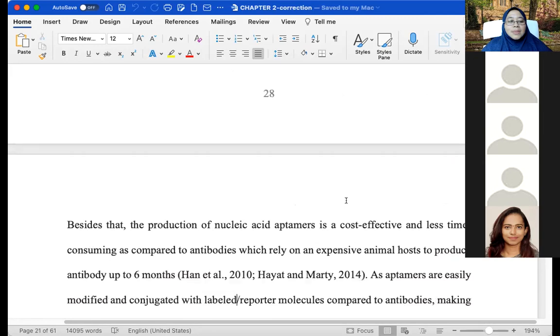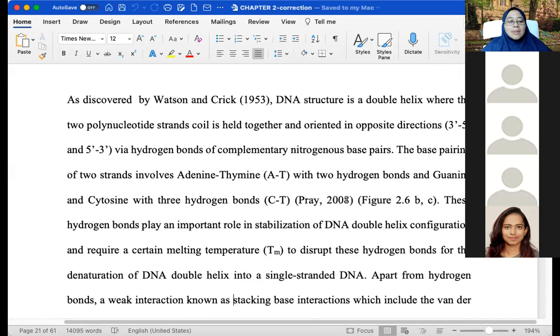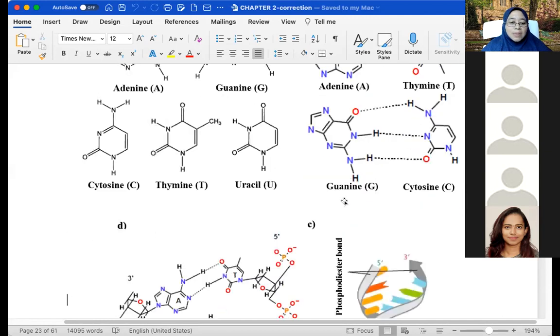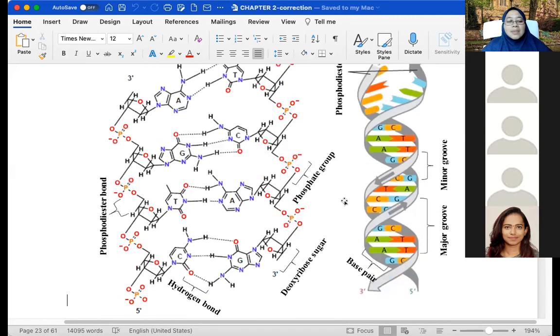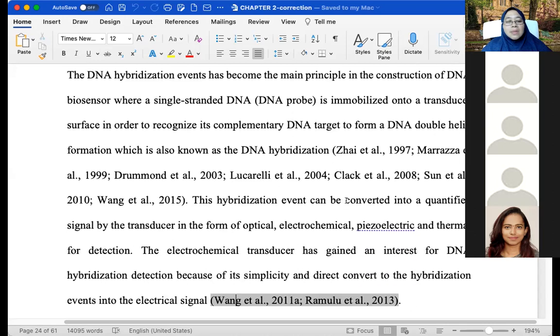We have quite a number. Structure of nucleic acids. It's important to understand if we are doing DNA biosensors. This is important information, the structure. And then examples of what people have done on electrochemical DNA or nucleic acid biosensors.